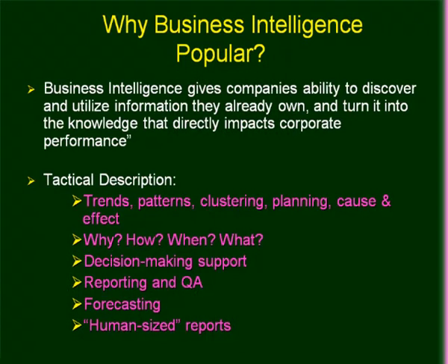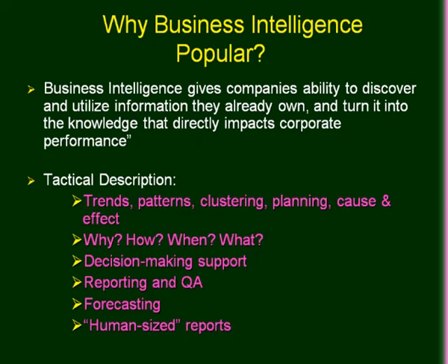Now let us see why it is popular. Different kinds of descriptions are taken into account here. BI systems are helpful to answer what-if questions. What-if questions in the sense of why it has happened, when it has happened, what to do, what to happen, what not to happen, how it has happened.